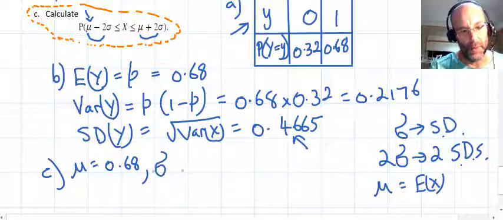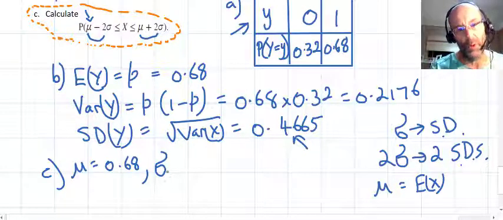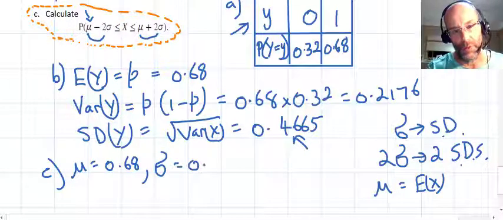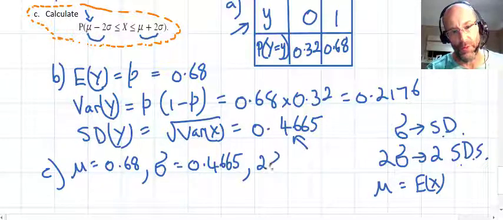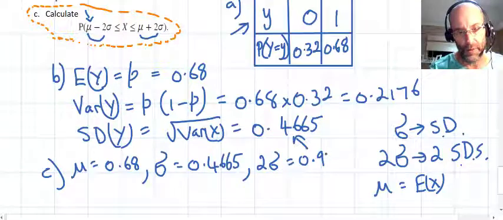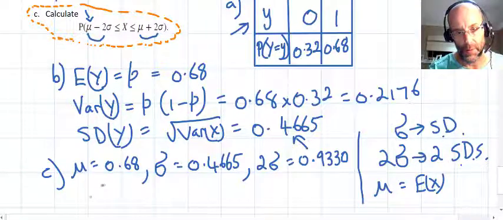So sigma, which is the term used when it's used this way, and more about that in future videos, is 0.4665. And 2 sigma is 2 lots of that. And crunching that, I get 0.9330. Don't need a calculator for that.